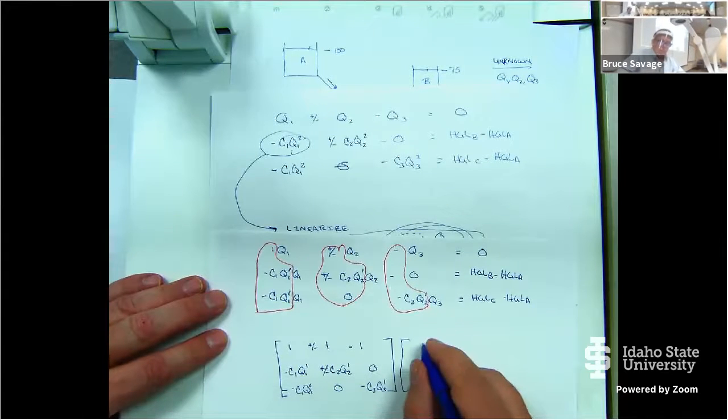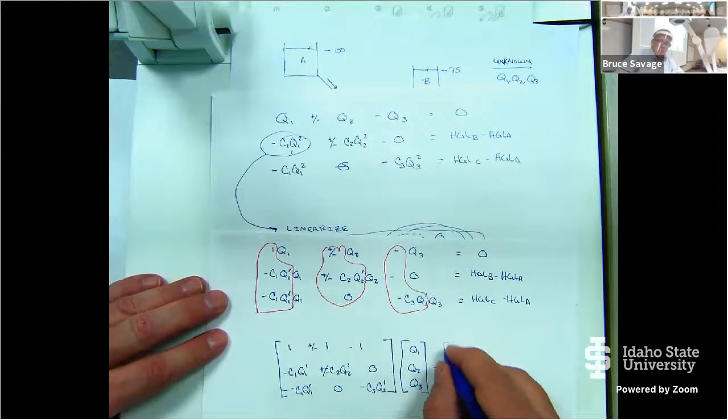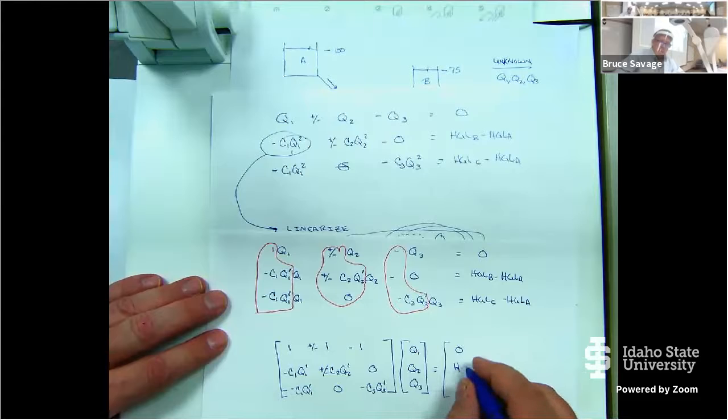That is my coefficient matrix, and I multiply that by my solution matrix, which is going to be Q sub 1, Q sub 2, Q sub 3, and that is going to equal 0. And then the next row, the hydraulic grade line at B minus the hydraulic grade line at A. And then the next one is the hydraulic grade line at C minus the hydraulic grade line at A.